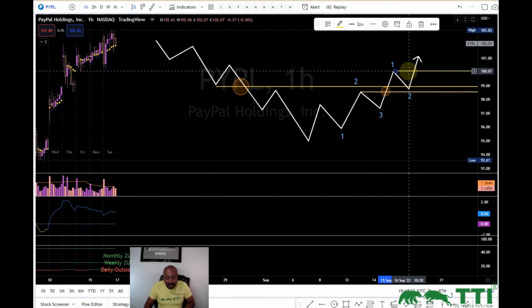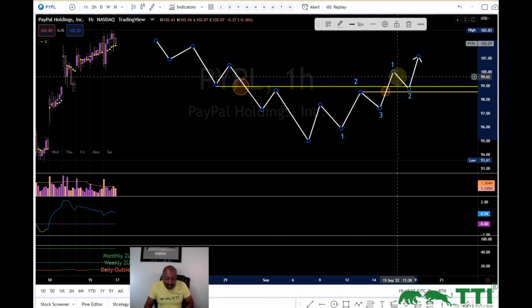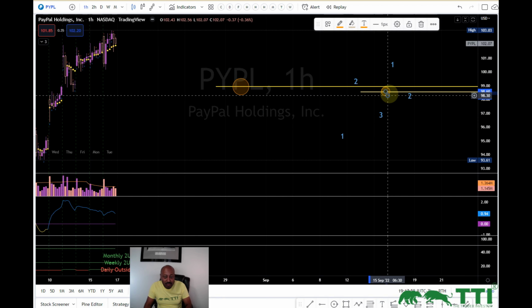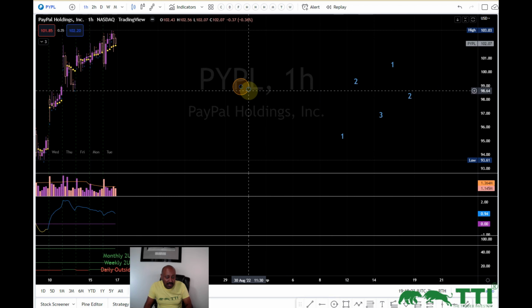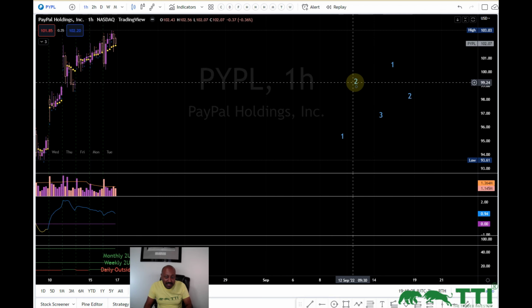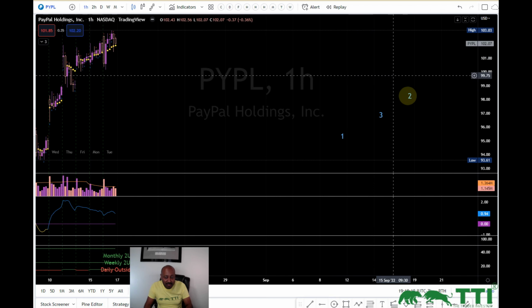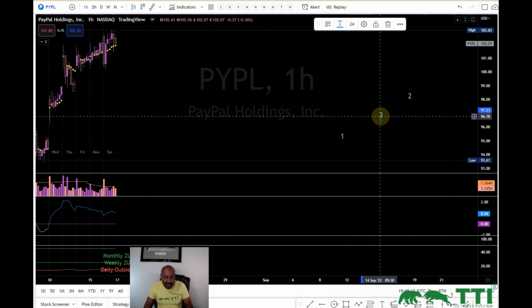So now we're going to go into the advanced stuff when we look at our entries. How do we get a more precise entry? That's what I want to get into. Because this 1, 2, 3, yes, it works, but you're taking a lot of risk, right? You're taking a risk from your entry all the way down to the previous swing, whether you're going up or down.